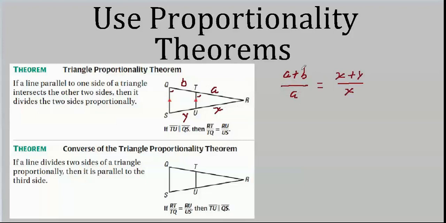Now we can do something we did before when we wanted to show that we could add the denominator to the numerator on each side and still have a true proportion. What did we do? Well, I think we added 1 to each side, didn't we? In this case, I think we can subtract 1 from each side and see what happens. For instance, over here, let's subtract A over A from this.